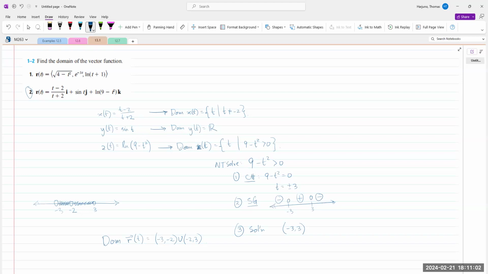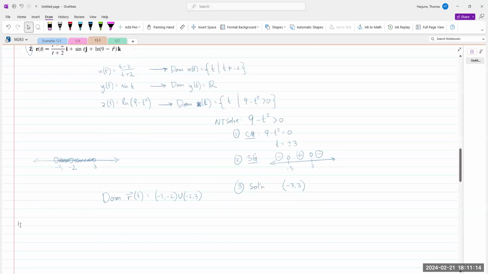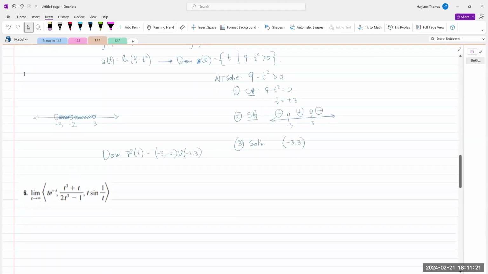Now, how about the limit questions? Let's say we have number 6. Find the limit of this vector function. Then attack that one by one.